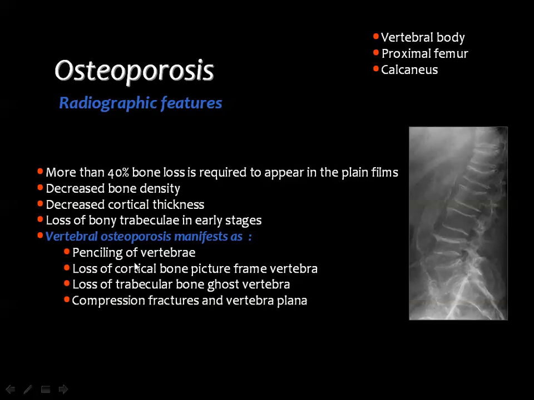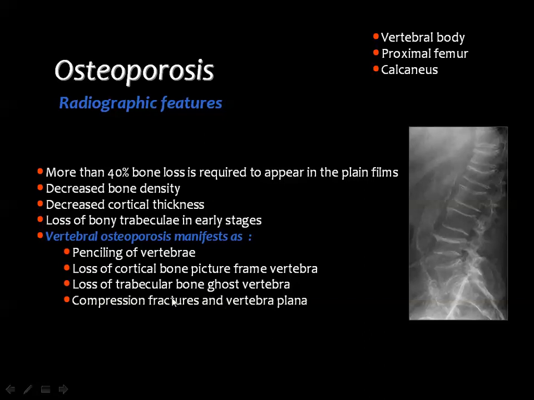First, you see penciling of the vertebrae due to loss of the trabecular bone or loss of bone density. Then you got what looks like the picture frame vertebra. The cortex is well appreciated while the bone density in the vertebra is markedly lowered.